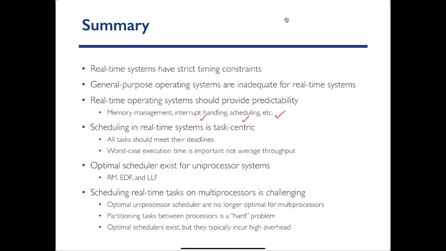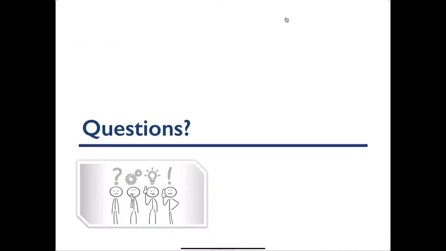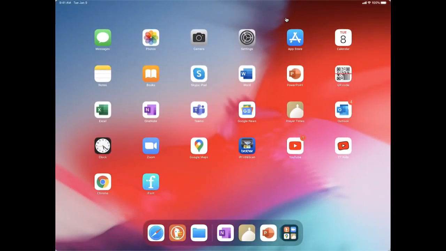We also talked about real-time scheduling algorithms like rate monotonic, EDF, LLF, and eventually we talked a little bit about the difficulties of running a real-time system on a multiprocessor.